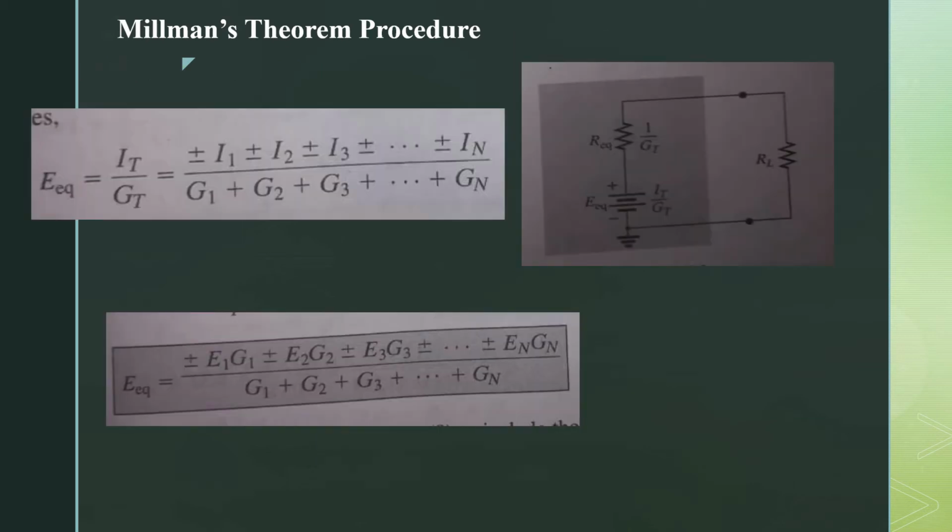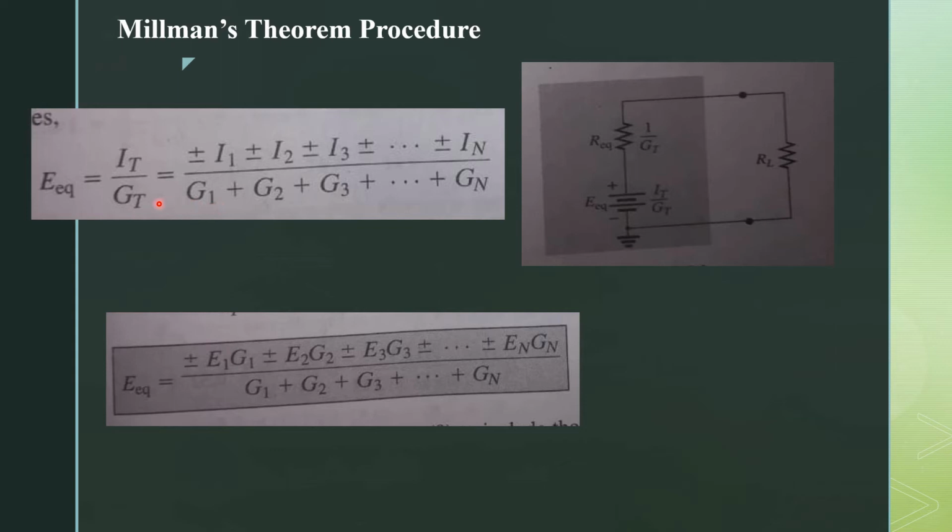Let us simplify the Millman theorem more using the generalized equation. If you want to find the E equivalent of the different voltage sources, we write the equation as E is equal to I by GT. GT is basically the total conductance of the circuit.